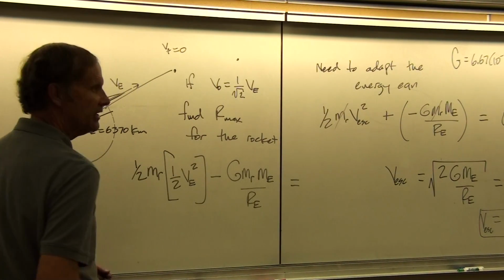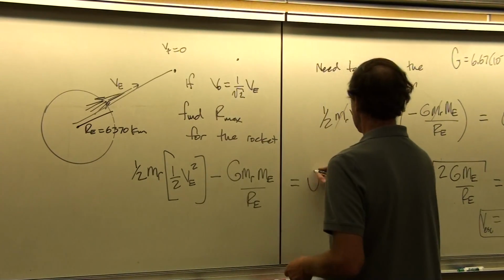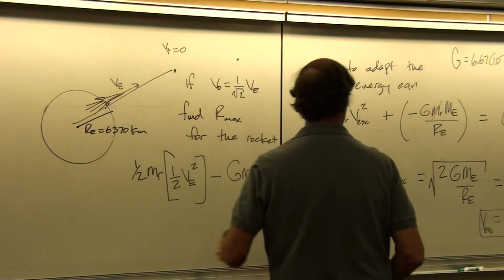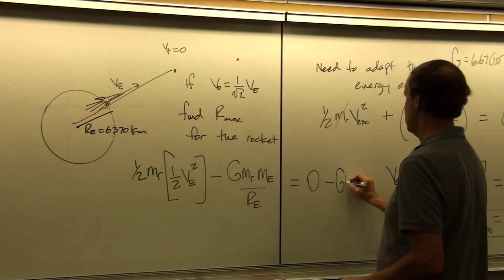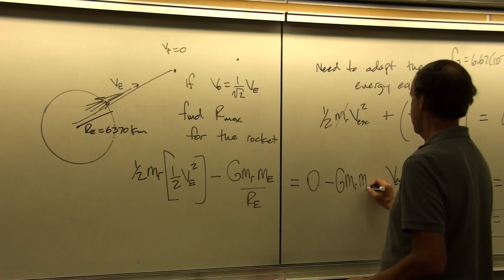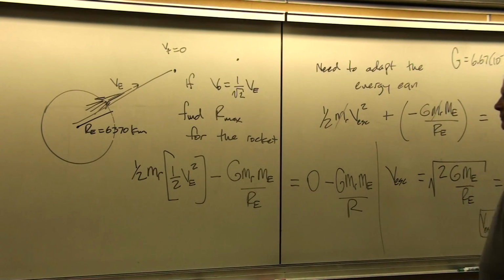So that means we have no kinetic energy at this endpoint. And the potential energy is what we're going to want to solve for, which is minus G mR me divided by big R.